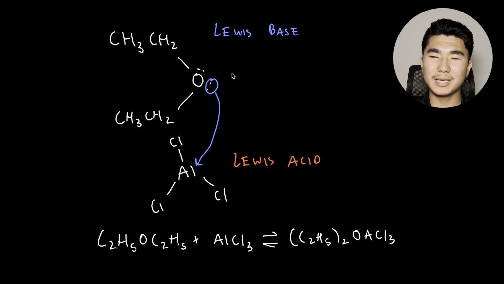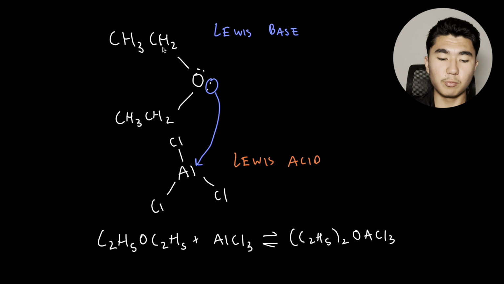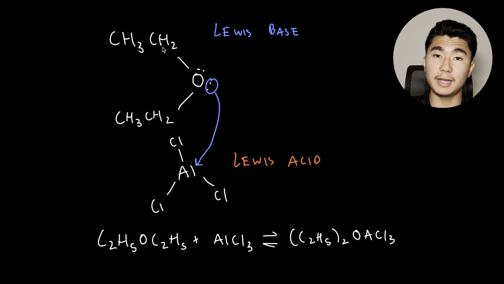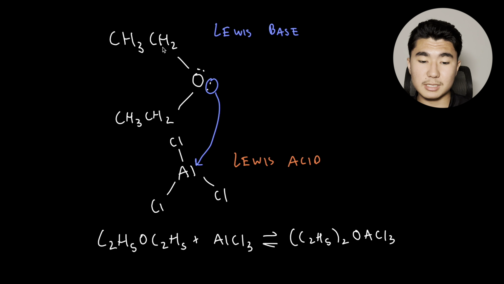One of the biggest characteristics of why this molecule is a Lewis base is because it has lone pairs. One of the easiest things you could do is first write your Lewis structure, and if you have lone pairs, then automatically you can say that is a Lewis base most of the time, because those lone pairs can be donated. And the opposite will be a Lewis acid, obviously.